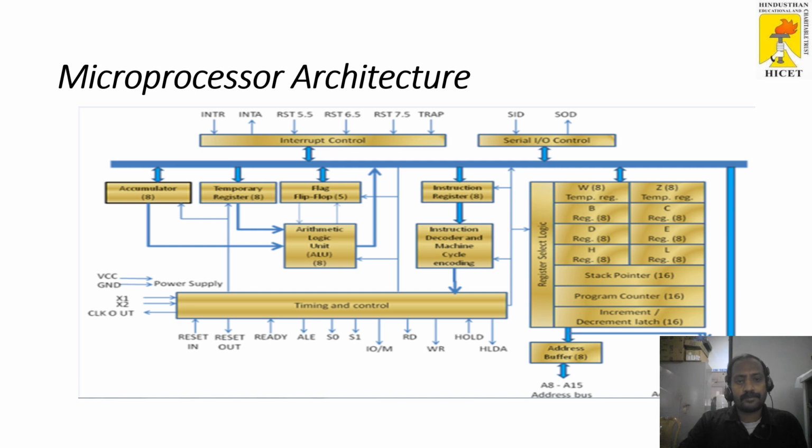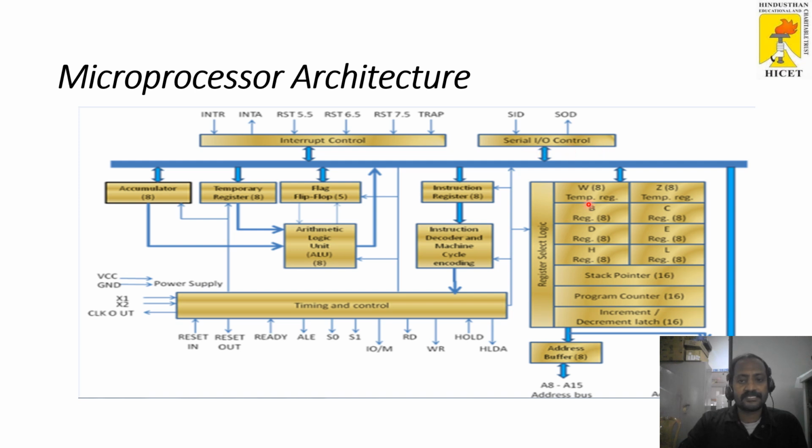This diagram shows the 8085 microprocessor architecture. Here are some of the components present in it, particularly an accumulator, a temporary register, and a flip-flop, that is flag registers, and this one is the ALU, arithmetic logic unit, the instruction register, an interrupt controller, and a serial input output controller.